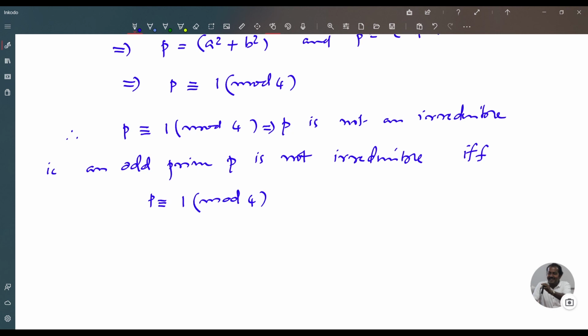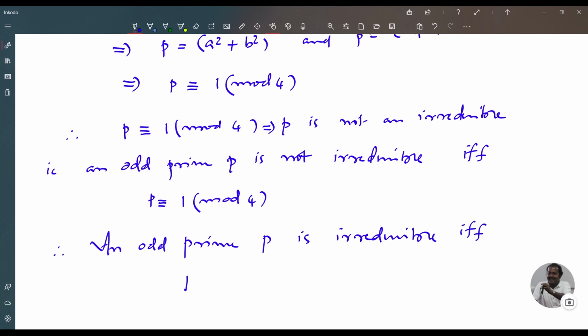So for an odd prime, there are only two possibilities: p is congruent to 1 mod 4 or p is congruent to 3 mod 4. Therefore, if p is irreducible, then p is congruent to 3 mod 4. Therefore, an odd prime p is irreducible if and only if p is congruent to 3 mod 4.